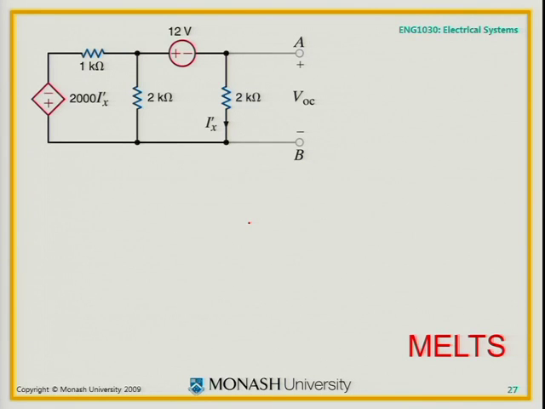Well, I can say only 18 out of 61 got the correct answer, which is minus 6 volts. So given that only 18 out of 60 got that, I think I better have a little bit of a look at this.